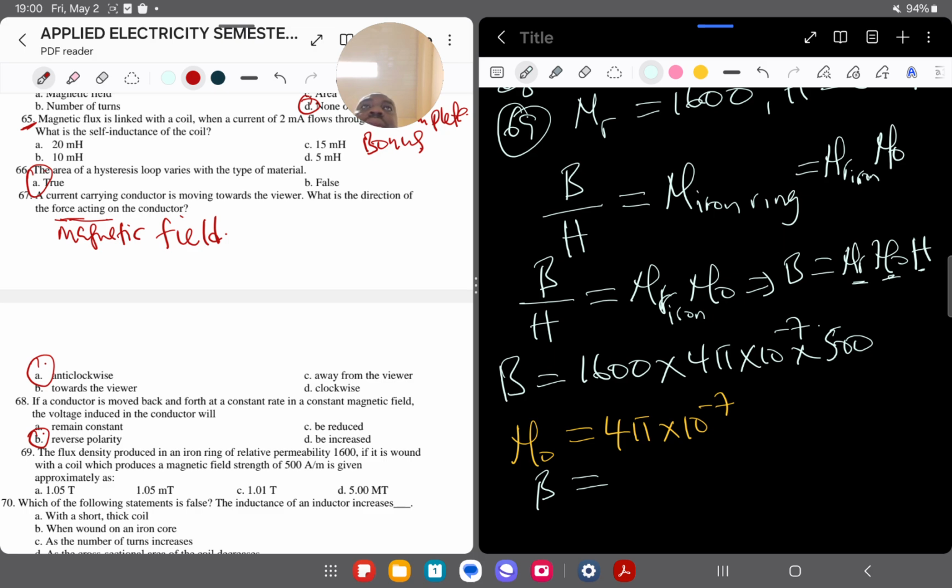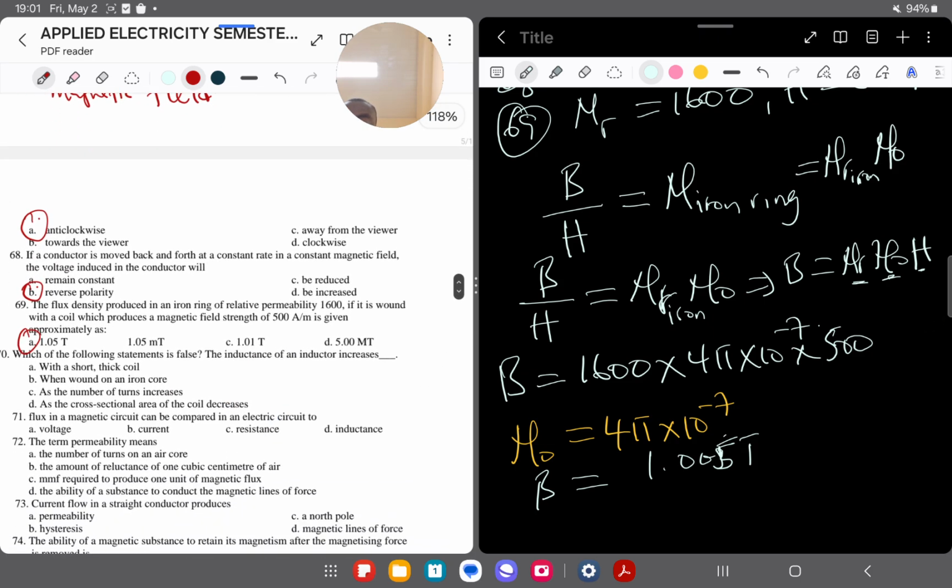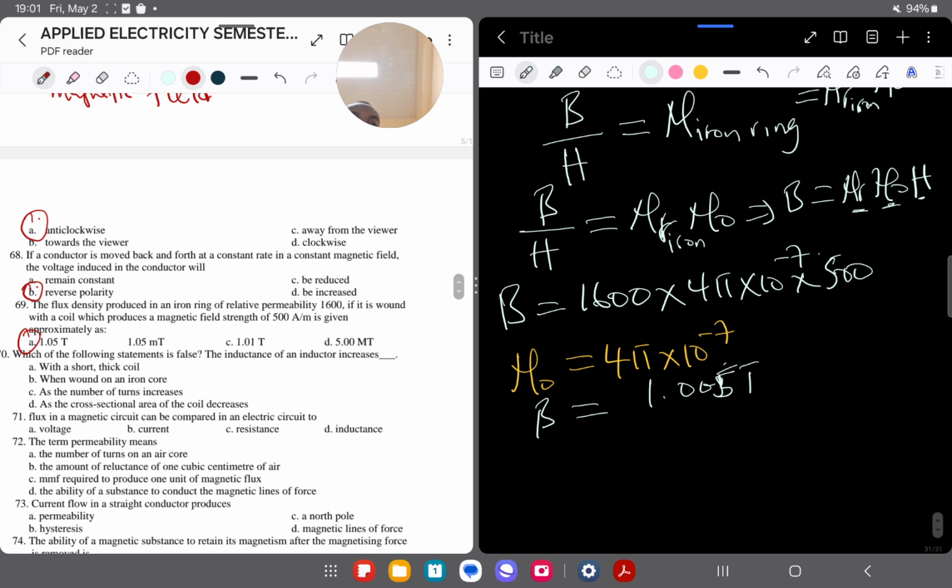When you do all that, you get about 1.005 Tesla. So the answer here will be A.